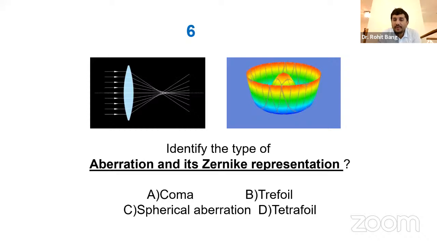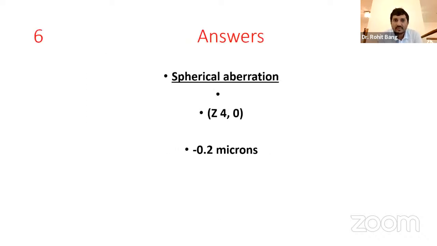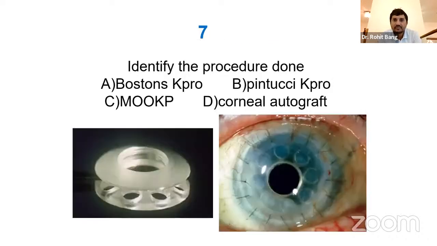Aberrometry that we measure on an aberrometer, very particularly in a case where we are planning a refractive surgery, or even in cases where refractive surgery has been done and we are planning a cataract surgery, we need to keep a watch on aberrations. So the answer would be it's a spherical aberration represented as Z40, and minus 0.2 microns is the normal higher order aberration that we see in a healthy individual.